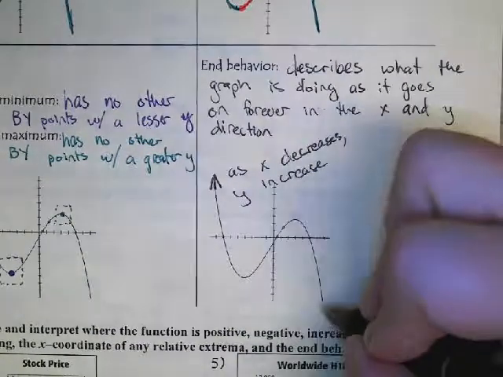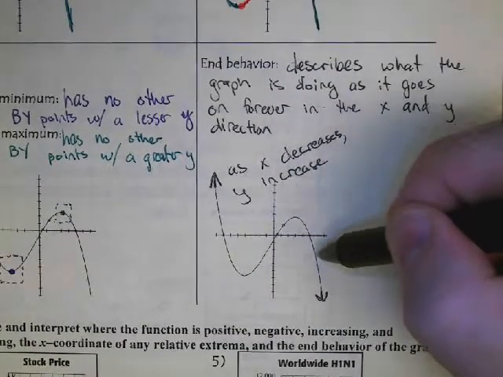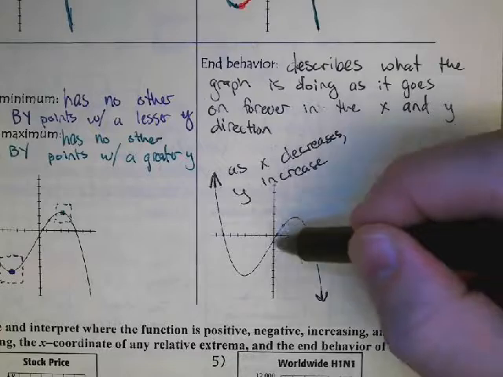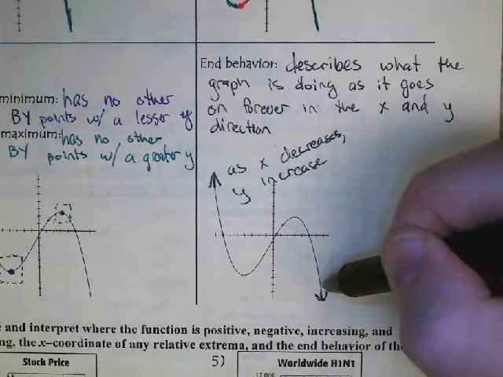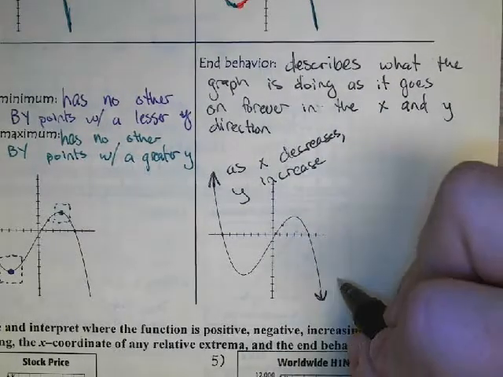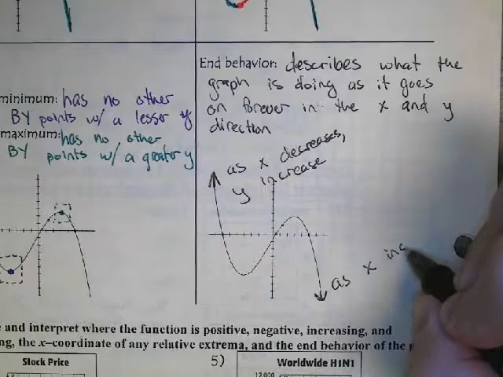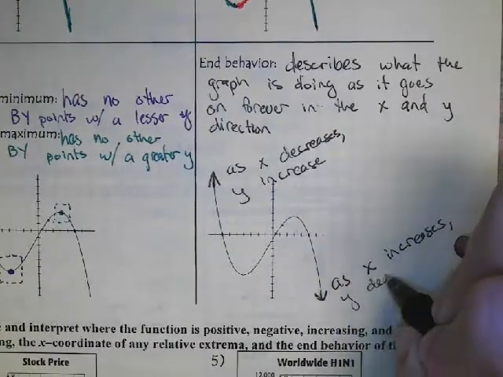And then we can use the same idea for this right here. I'm discussing what's happening to y as my x goes on. So my x is now increasing. We can think of all these points. We can see the x is actually getting larger. But what's happening to the y as the x gets larger? Well, as x increases, y decreases.